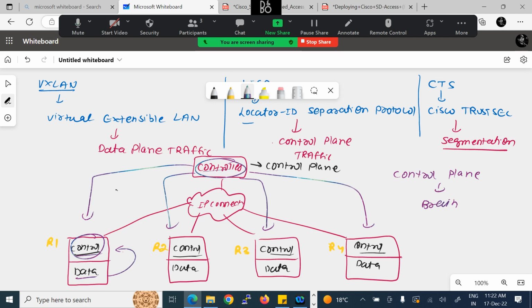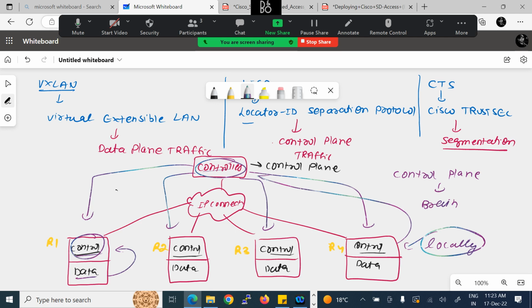But few people think that the control plane has moved to the controller and the device has the data plane only. No, the device still has the control plane. You can still manage this device locally. The control plane is not moved to the controller.